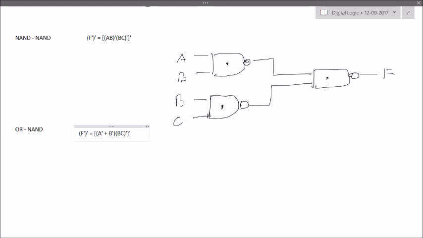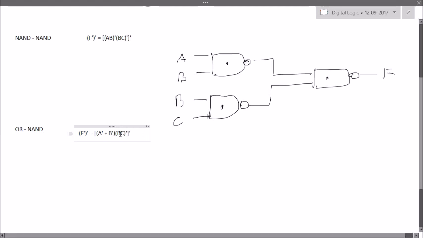We're not applying De Morgan's law to the outside, we only apply it to the inside, to each term. So (B times C) prime becomes B prime plus C prime.